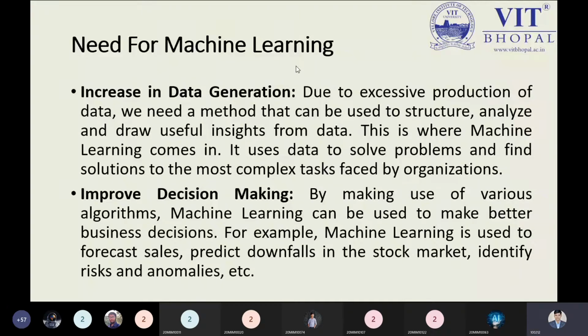Suppose a person has 2 years of teaching experience, and another person has 20 years of teaching experience. Both have experience, but one has the maximum and the other the minimum. The person with the minimum experience, compared with the other, will have a limited amount of data, because he has less experience.